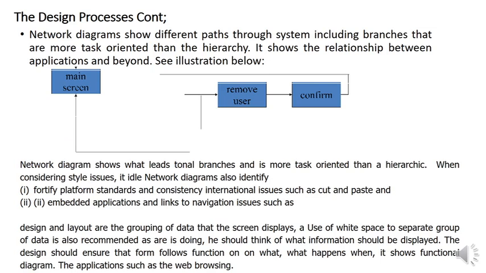The network diagram shows different paths through the system, including branches that are more task oriented than the hierarchies. It shows the relationship between applications and beyond. See the illustration: mainstream, user, and confirmation.